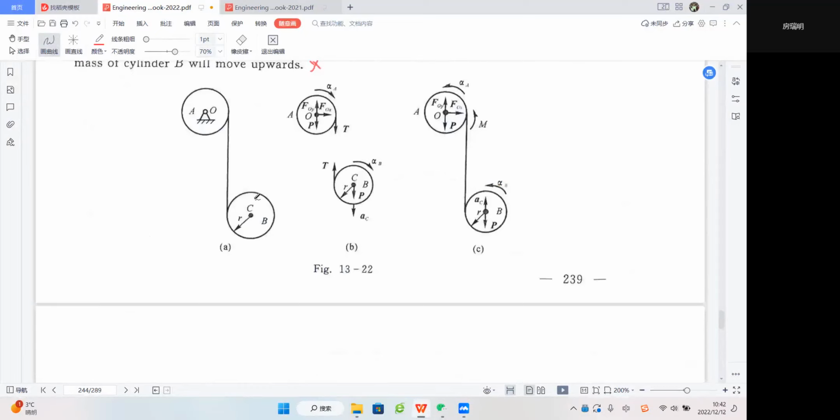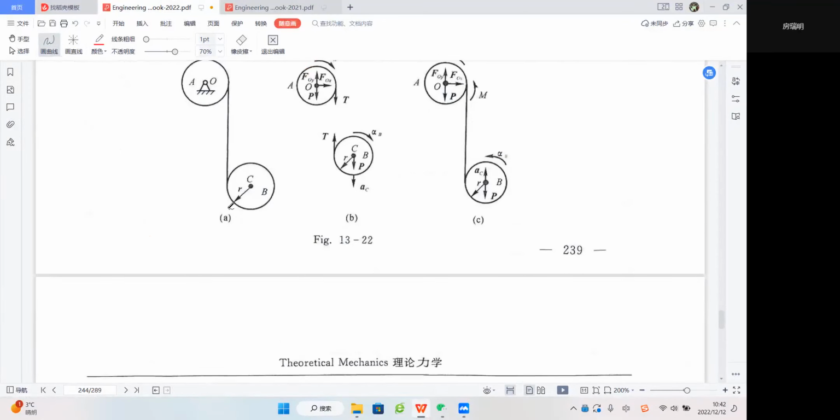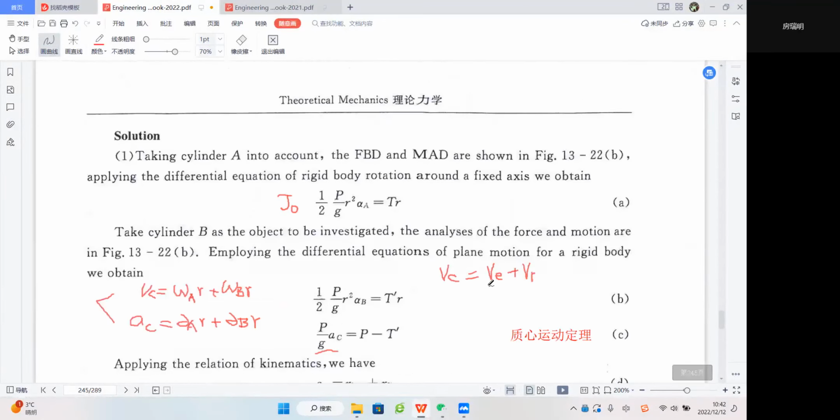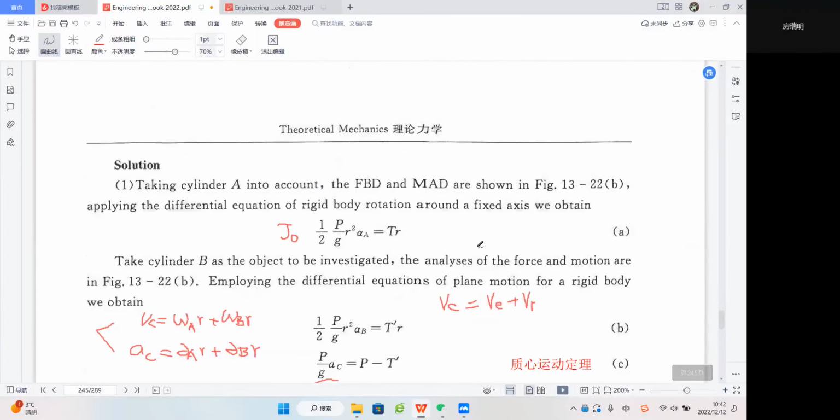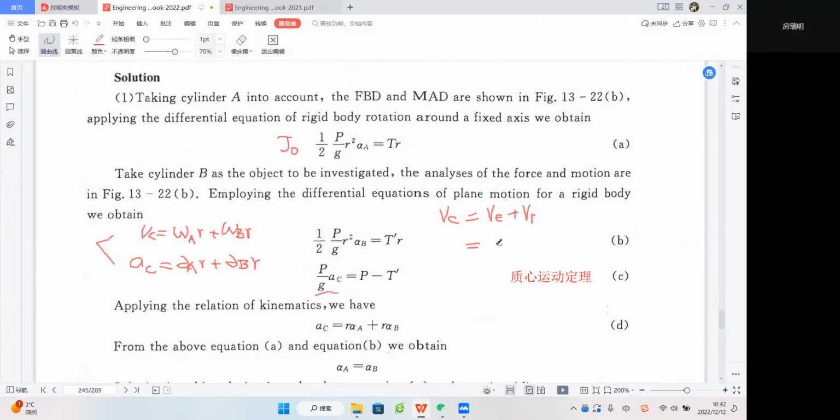When this cylinder B has plane motion downward, actually it can be treated as having transport velocity just equal to the velocity of this string, and the velocity of this string will just equal omega A times RA, right? Here we will have omega A times RA, because R is the same.